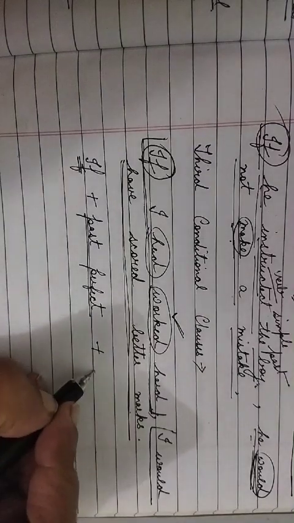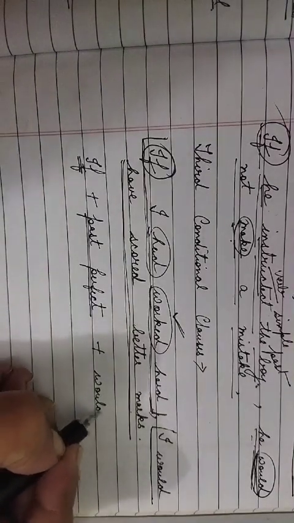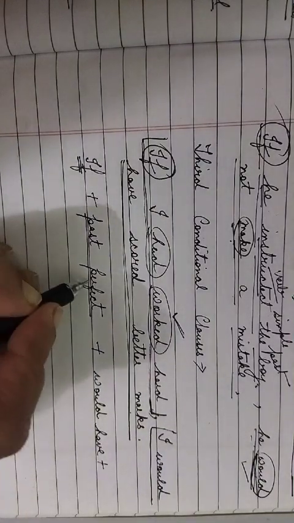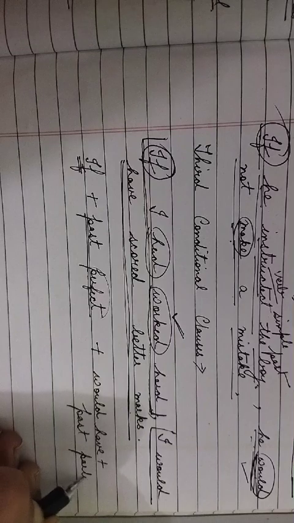And the result, the consequence of this, here we will have would, have, and then the past participle here also. Okay, understood the formation of this third conditional sentence.